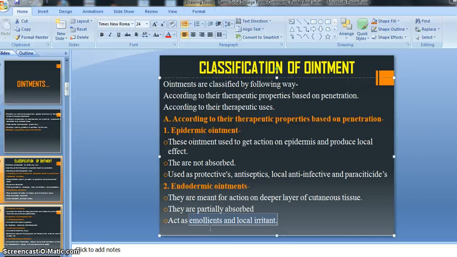If we get irritation on the skin surface, endodermic ointment is prescribed too. Local irritants are preparations which treat the irritation of our skin. So endodermic ointment possesses these pharmacological properties, emollient and local irritant.